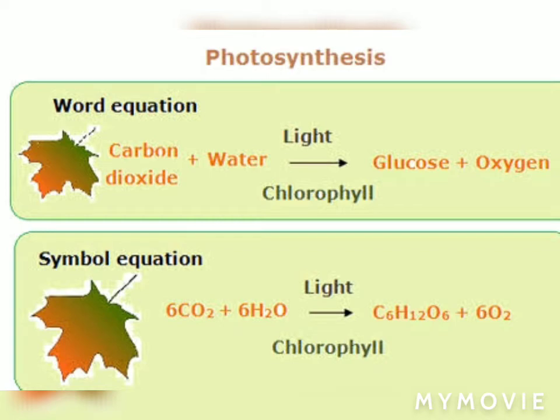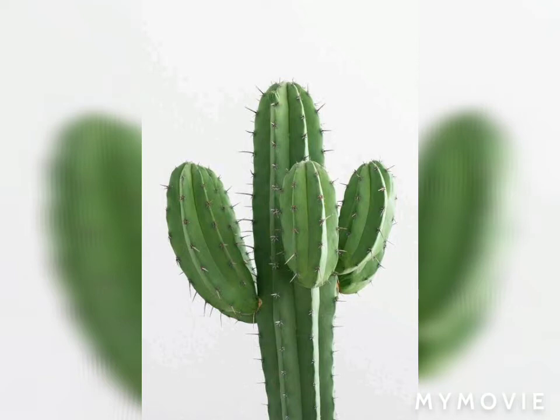The survival of almost all living organisms, directly or indirectly, depends upon the food made by the plants. Besides, oxygen, which is essential for the survival of all living organisms, is produced during photosynthesis. So one of the outputs is oxygen. In the absence of photosynthesis, life would be impossible on the earth.